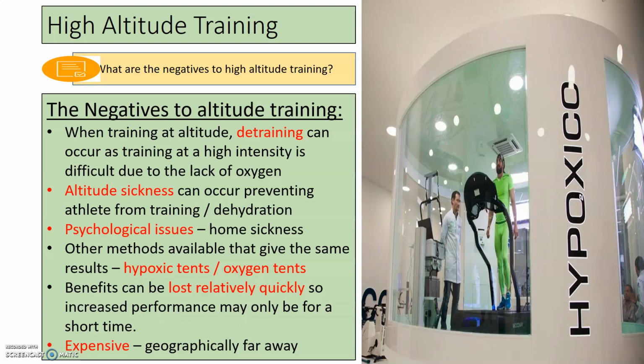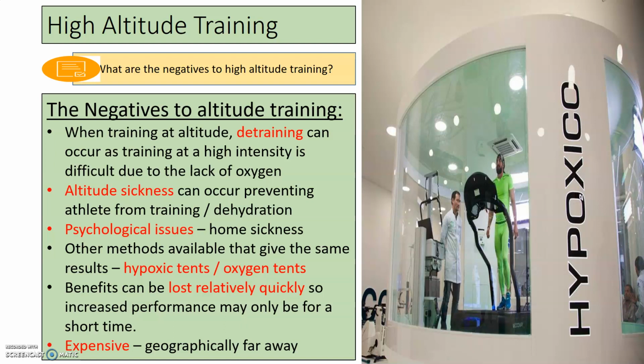It can also lead to dehydration, because a lot of high altitude places also have humidity, places like Brazil, Nepal, and so on. Now, there are also psychological issues. If we're training far away from home, the performer might get homesick.